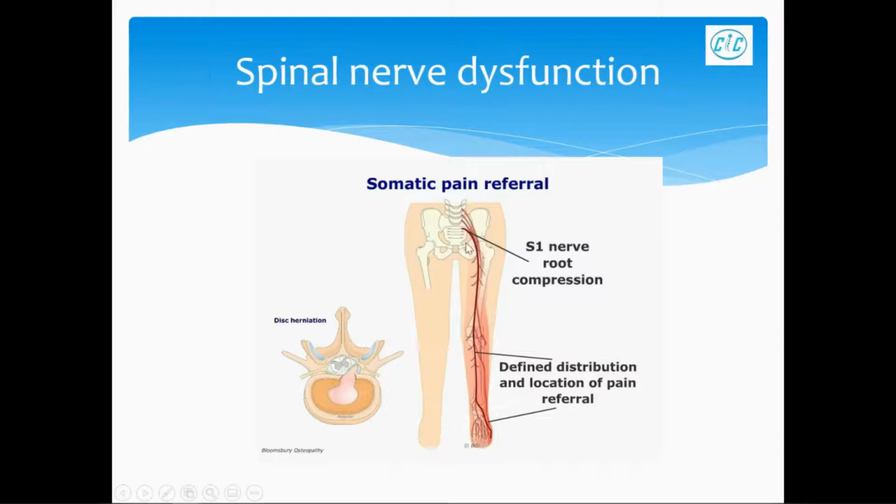these nerves have different types of distribution, and S1 is a very powerful nerve that reaches all the way to the pinky toe and to the side, and also to a big part of the foot.